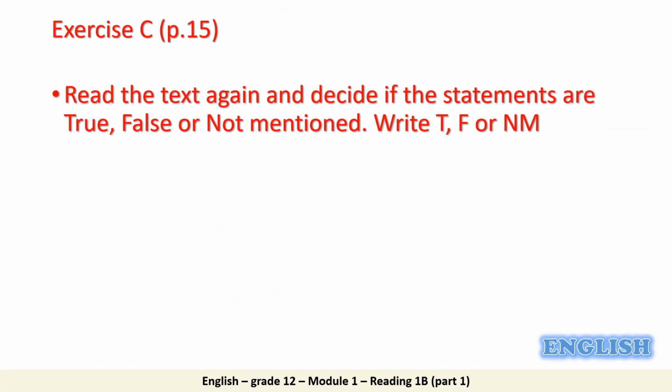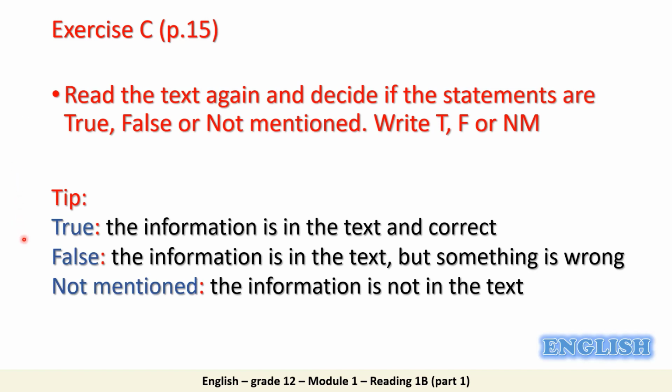Moving on to exercise C, page 15. We've got a number of statements and you need to decide whether they are true, false, or not mentioned. You're to choose true if the information is in the text and it is correct.